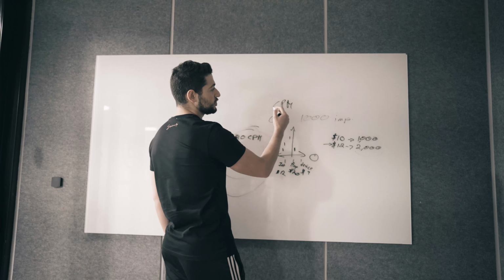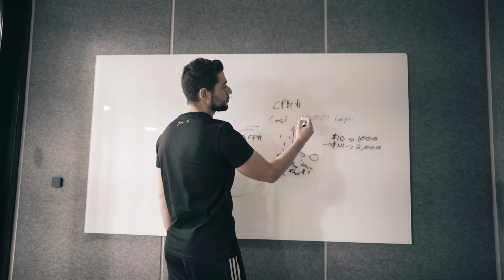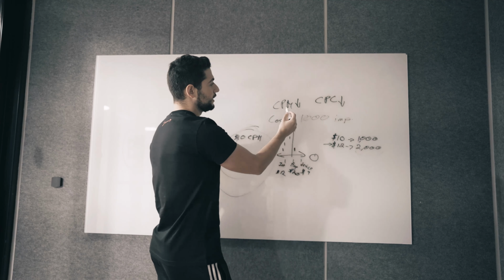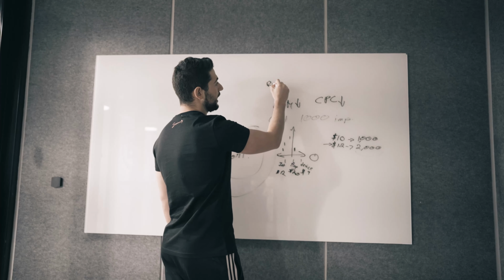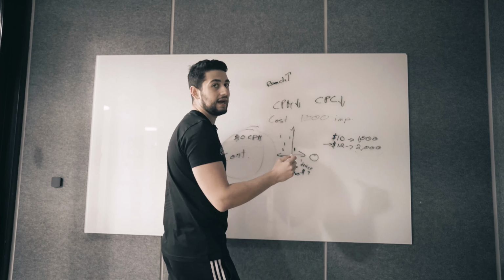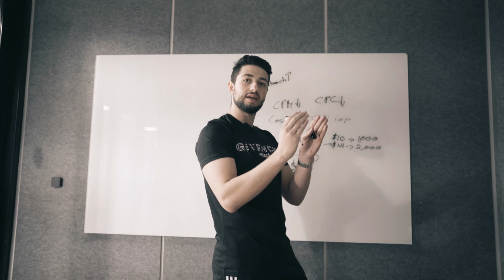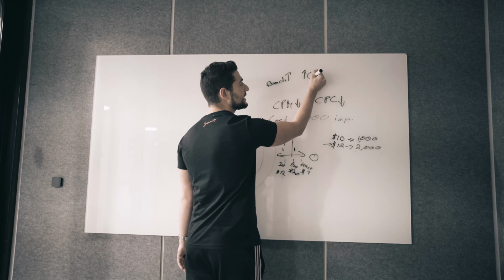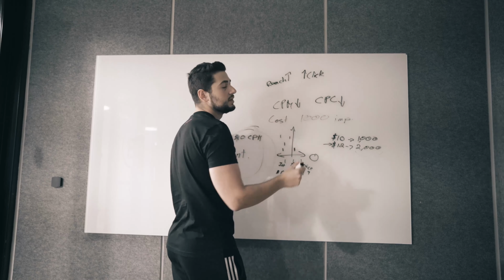So once you match a strategy where you're lowering your cost per mil and you're lowering your cost per click, guess what? You are showing your ad to more people.